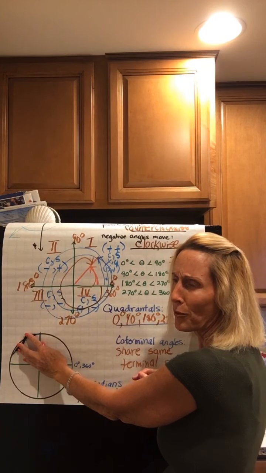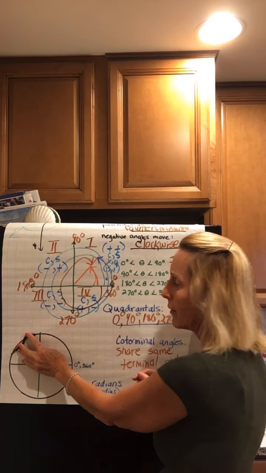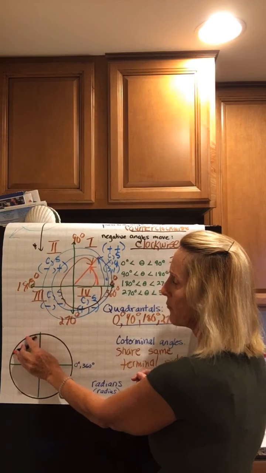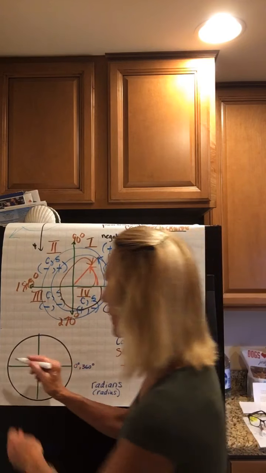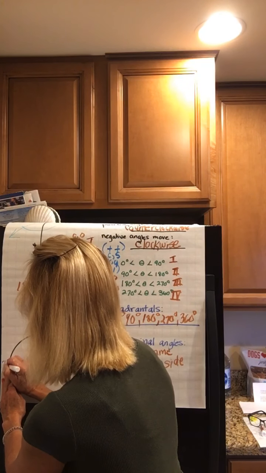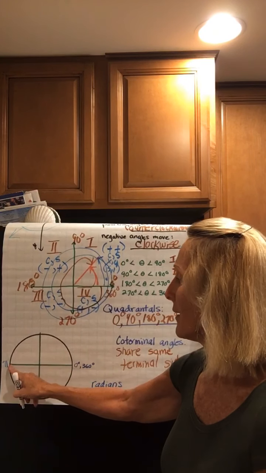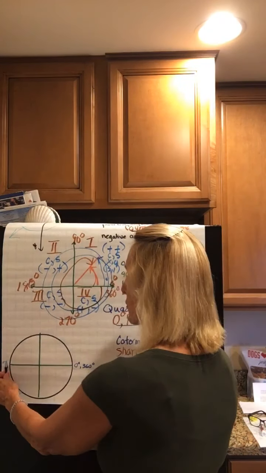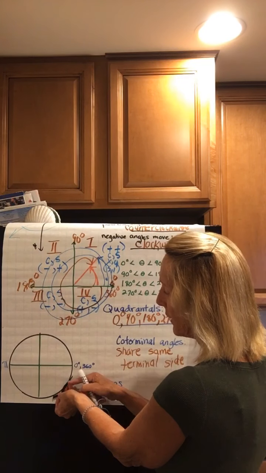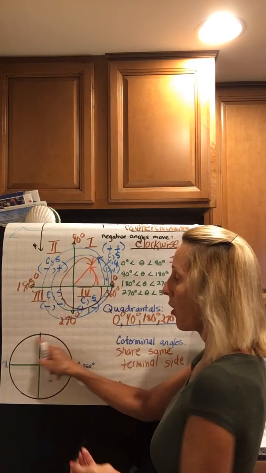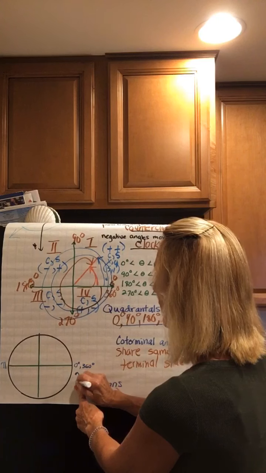I bet it's 3.14 more. So if that's 3.14 more, gee, what's 3.14 equal? Huh, that's pi. 3.14 is pi. And then if I go around another 3.14, there's 3 and a little bit more. All the way around the circle then is 2 pi.